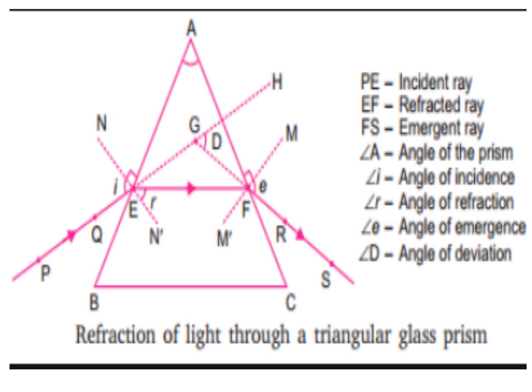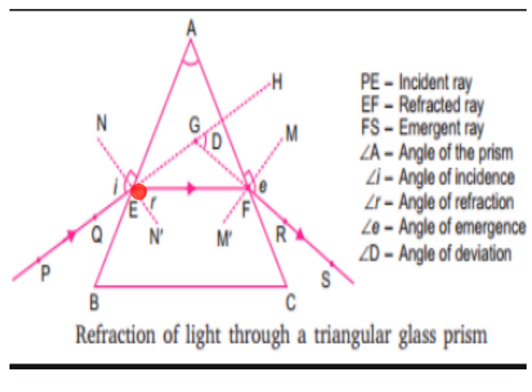Then in this diagram, there is a refraction of light through a triangular glass prism. So let us see here. In this diagram, this is the principal section ABC of a prism. PE is your incident ray.